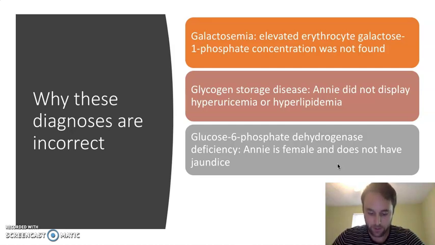Lastly, glucose 6-phosphate dehydrogenase deficiency occurs almost exclusively in males and typically presents as jaundice. Neither of these characteristics are consistent with Annie's case, so it is also highly unlikely that this is the diagnosis for her condition.